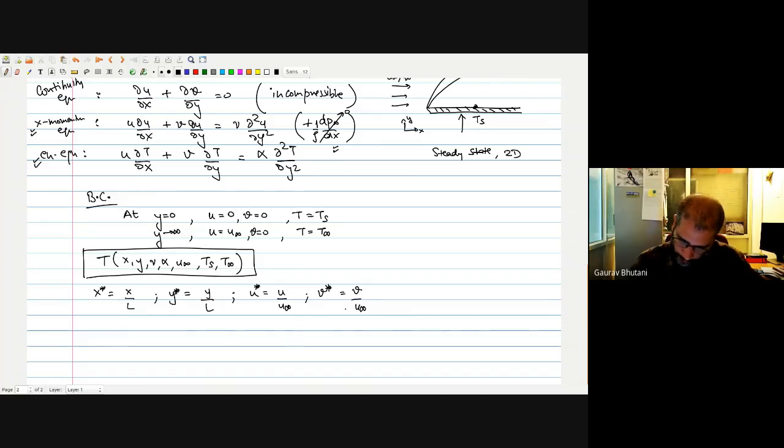Okay, and then we need to non-dimensionalize the temperature, which we have done in the past. These are all definitions. And so we define theta. On the denominator, we have Ts minus T infinity. And we define theta in such a way so that on the surface of the plate, my theta value is 0.